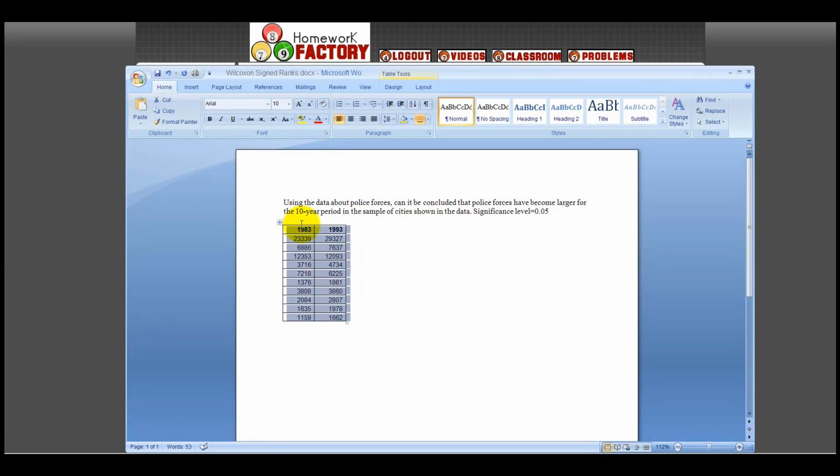So here you have a table where you have data for 1983, 1993, and they're telling you that this row here corresponds to one city, what happened in 1983, and now what happens in '93. So you see how the police force numbers evolved from '83 to '93, the 10-year period they're talking about here.